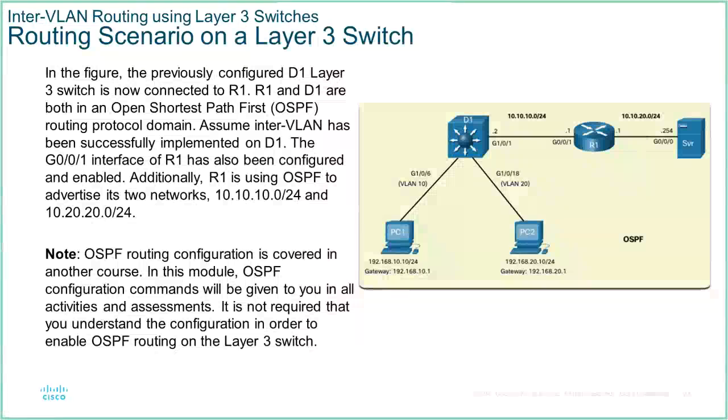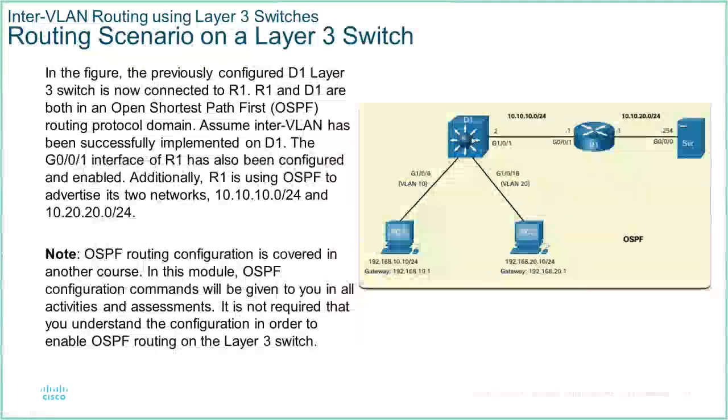So in the example here, we're using the routing protocol Open Shortest Path First, OSPF, and the multi-layer switch will know the 192.168.20 network, 192.168.10 network, and 10.10.10 network that connects to the router.